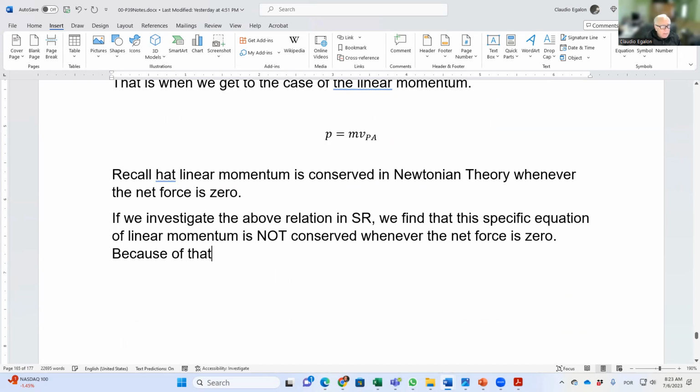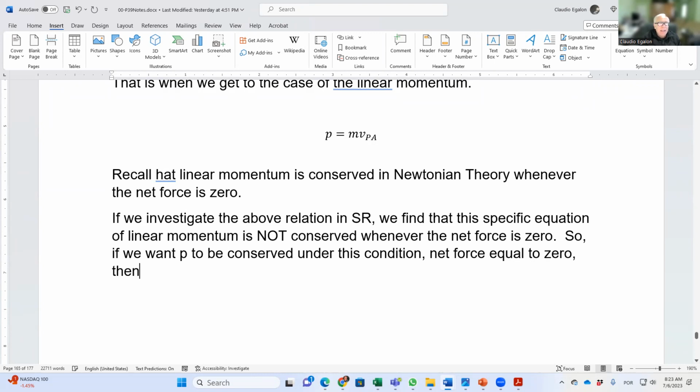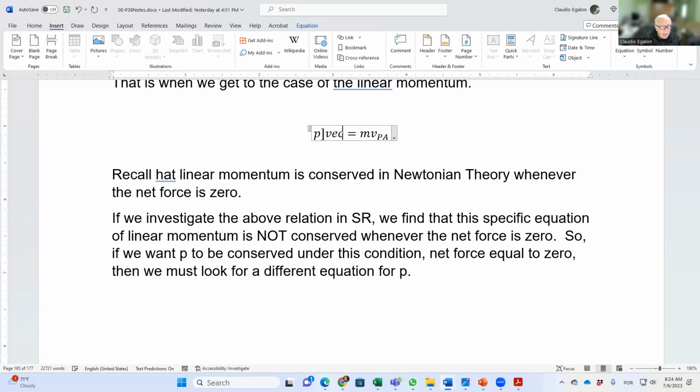Because of that, if we want P to be conserved under this condition, net force equal to zero, then we must look for a different equation for P. And by the way, I'm going to put it as a vector right now.